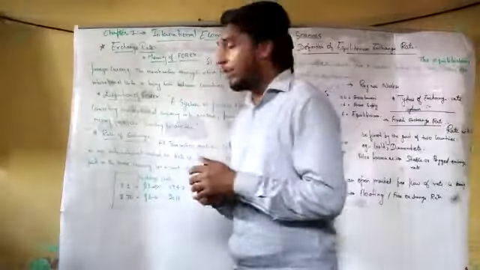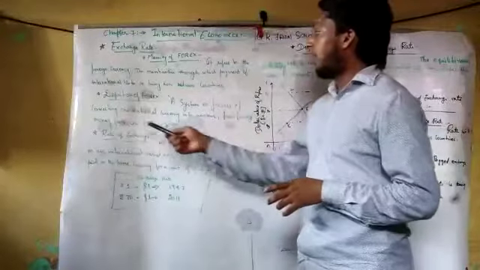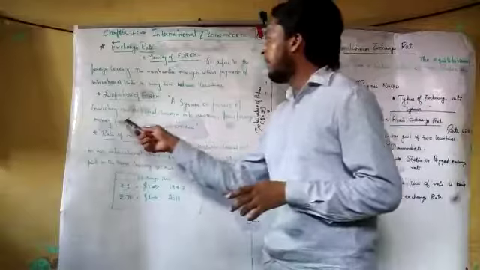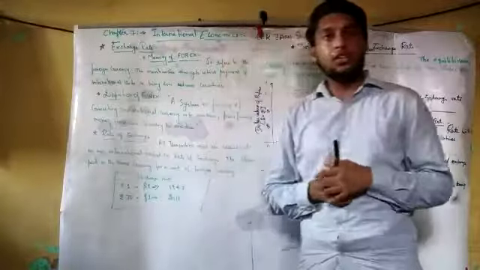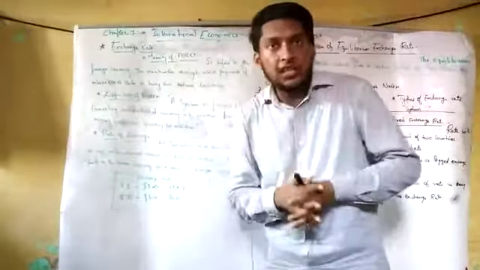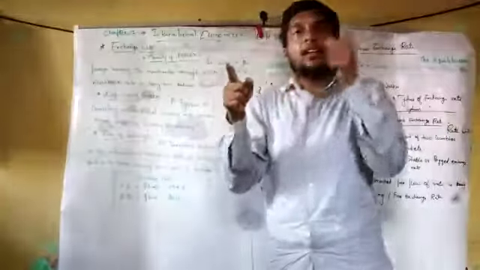Let's see the definition of Forex. It is a system or process of converting one national currency into another, transferring money from one country to another. It is a systematic way, a proper policy, of converting one national currency into another.